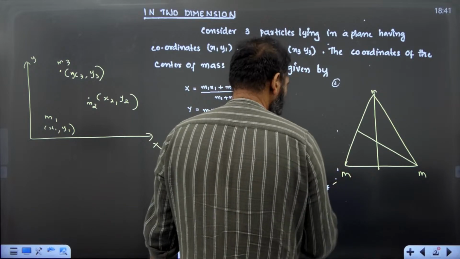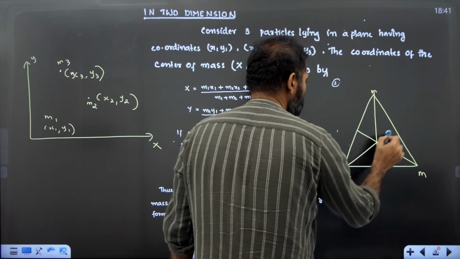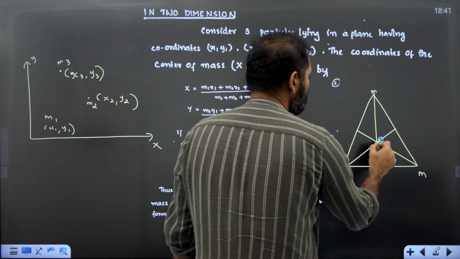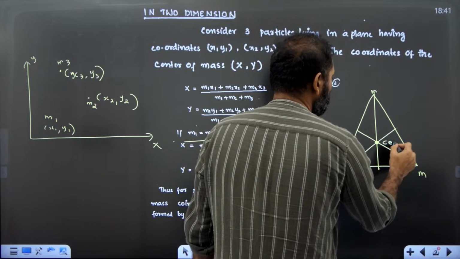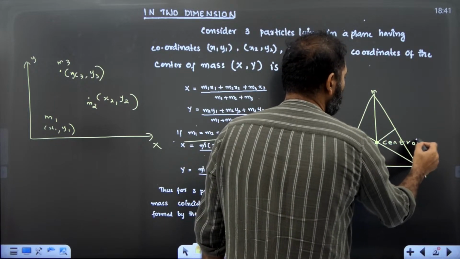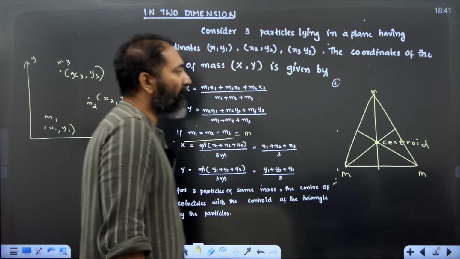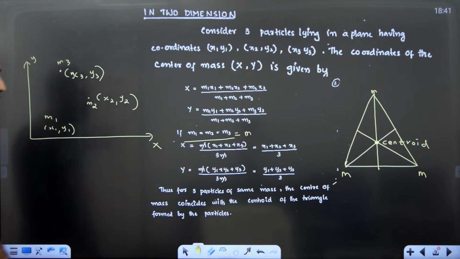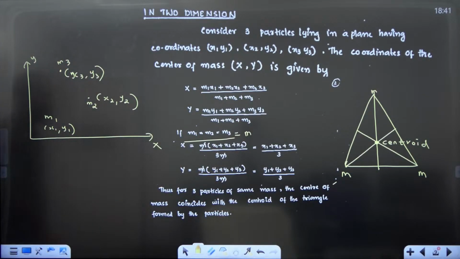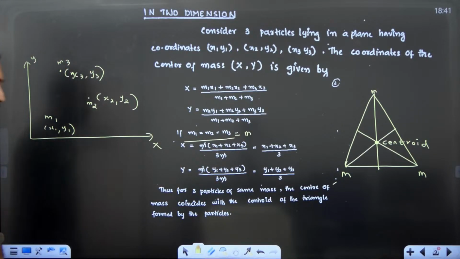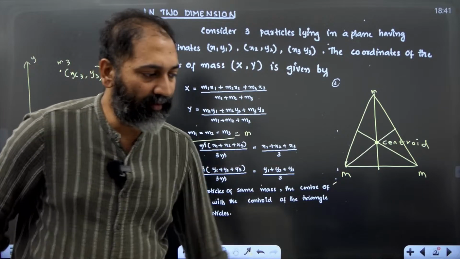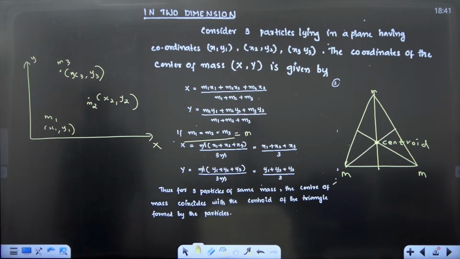This will be the position of the center of mass if three equal mass particles are at the three corners of an equilateral triangle. Then it will coincide with what? Centroid of the triangle. Any doubt?